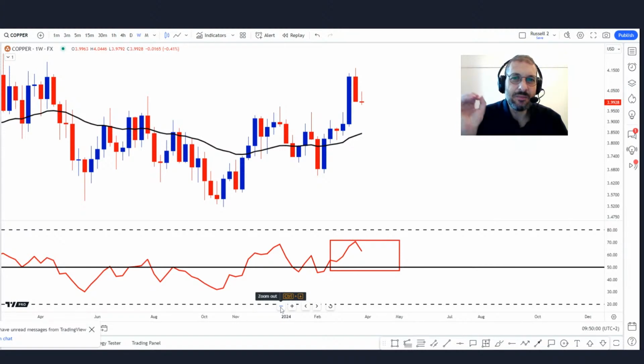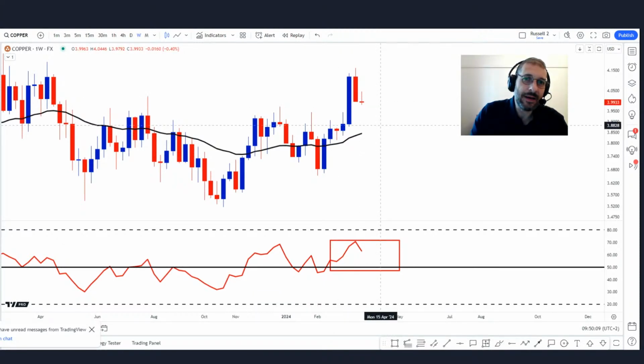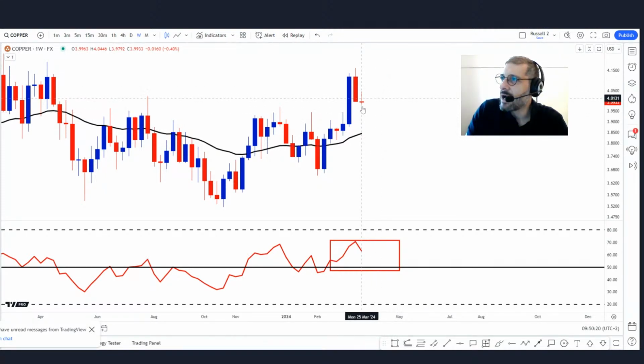So there does seem to be an underlying bullish momentum on the weekly chart, even though the last 2 weeks has seen some pressure on copper. It seems to be perhaps a pullback, and we can see if copper has perhaps a dip in the uptrend type of scenario. Let's go through to the daily chart on copper.